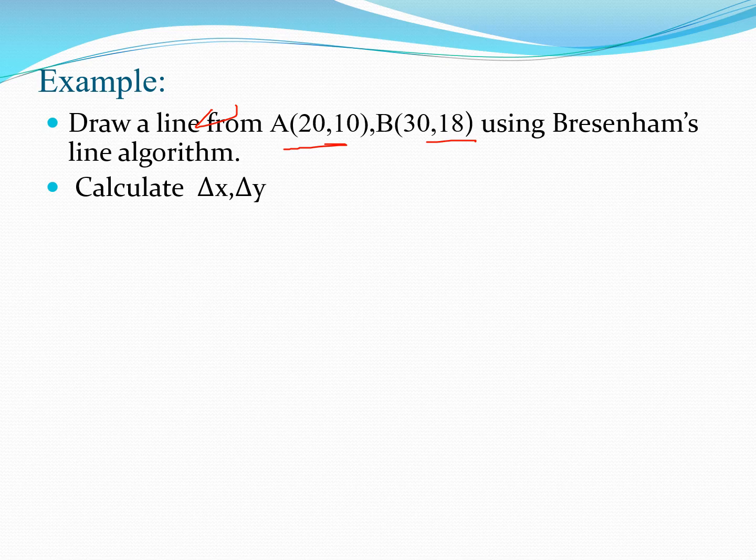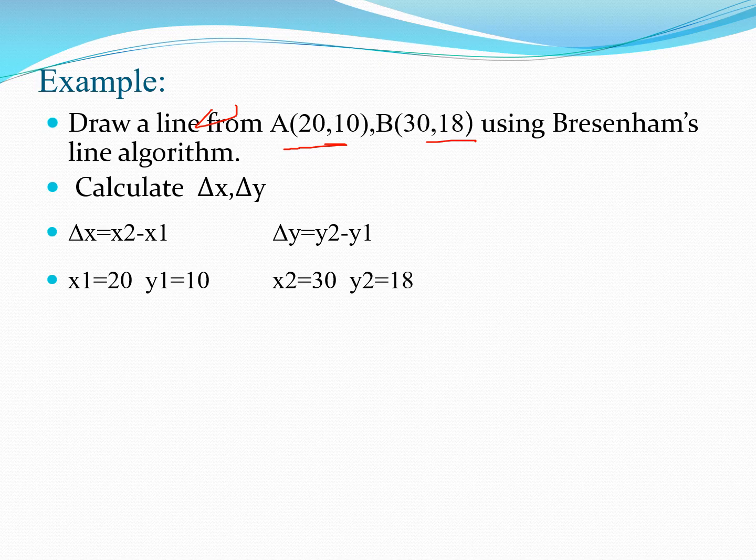Delta x and delta y, the difference between the final and initial pixel values. Delta x is x2 minus x1 and delta y is y2 minus y1. So delta x is 10 and delta y is 8.